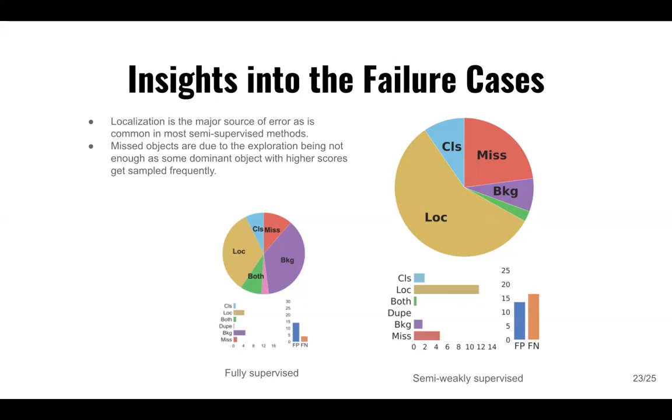If there are smaller objects of the same category, they may not get a better representation, a better score accumulated over time. So there is a probability of missing those locations in the sampling process. And in some cases, we have observed that this is happening. So that's one way that we found that it can fail.